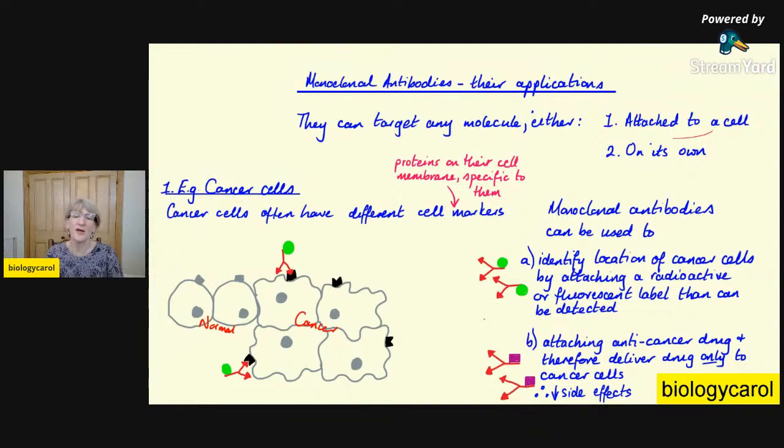So here's my little diagram of the monoclonal antibody with the antigen binding site complementary to the cell marker on the cancer cell, causing the monoclonal antibody to bind to the cancer cell, delivering that drug specifically to the cancer cells.